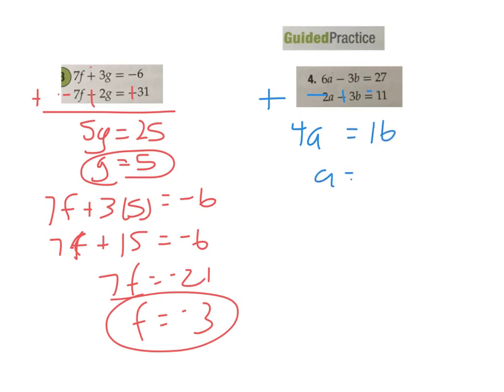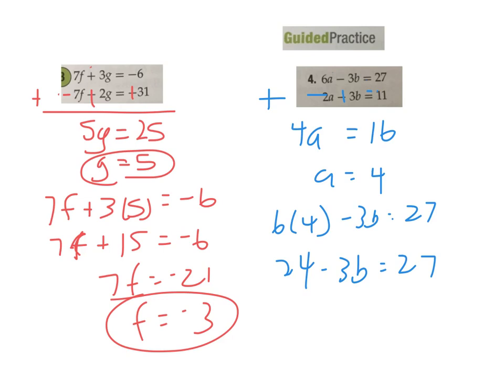So a equals 4. And once I have one letter, I can solve for the other letter by just substituting back in. And that's 24 minus 3b equals 27. If I subtract 24, I get -3b equals 3, so b equals -1. So I have my two letters.